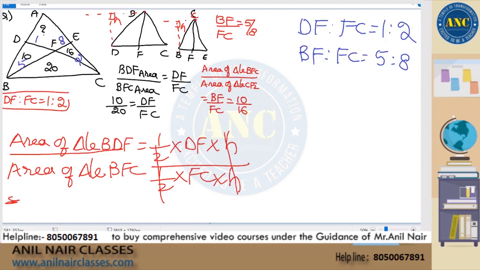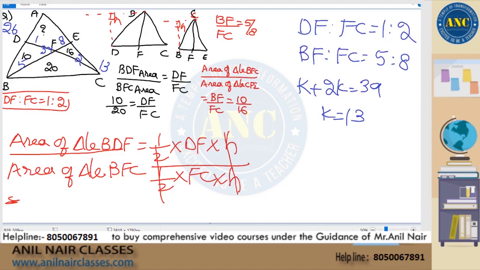So 1 plus 2 is 3, 8 plus 5 is 13, 13 3s are 39. If I take 39, k plus 2k is 39, 3k is 39, k is 13. If k is 13, 2 into 13 is 26. So this is 26 and this is 13.